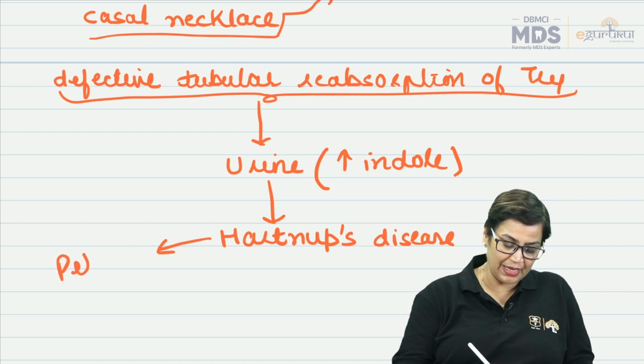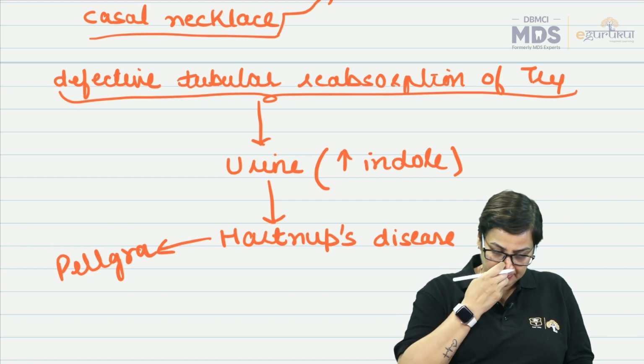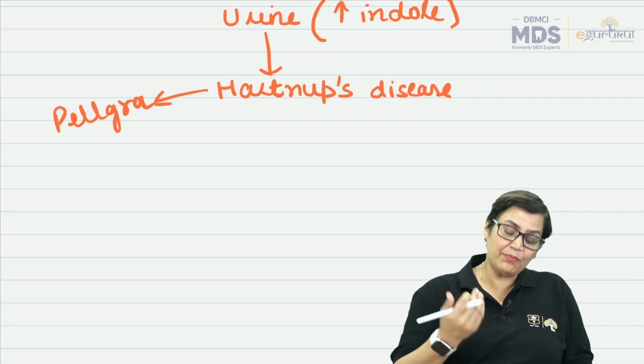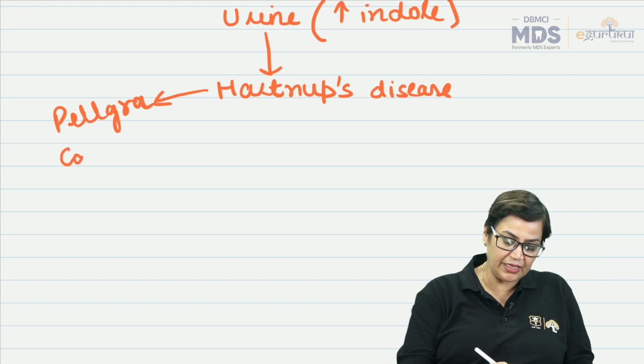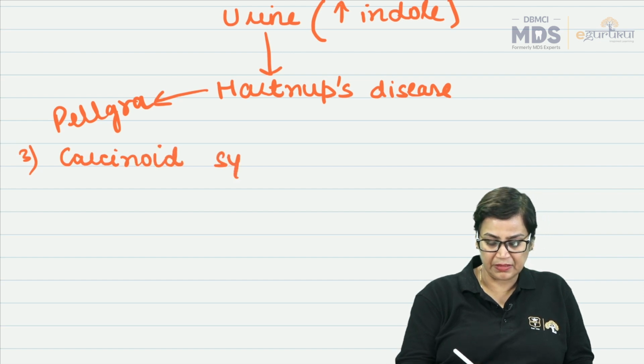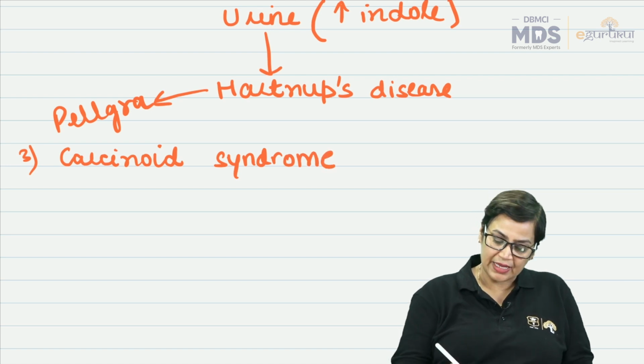It can lead to pellagra. Right? Then another important feature, carcinoid syndrome, can also lead to pellagra.